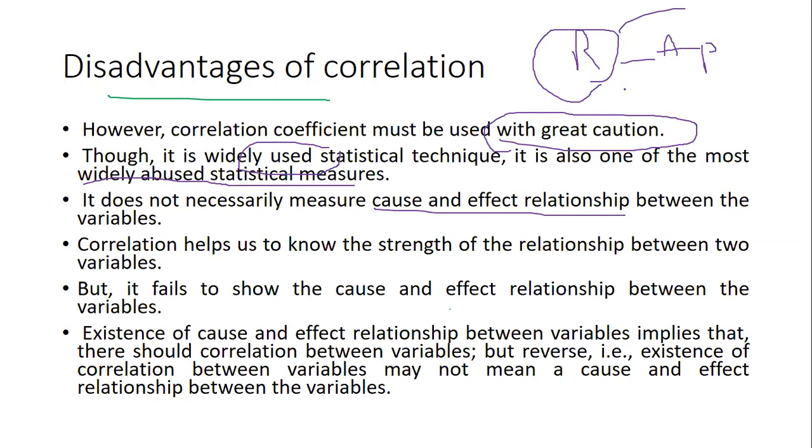Suppose the rainfall increases and there is floods. There is a cause, that is rainfall, and there is an effect, which is flood. Instead of crop growing, there is so much water that it started flooding. This is cause and effect relationship.